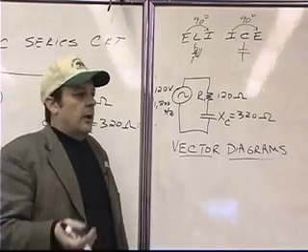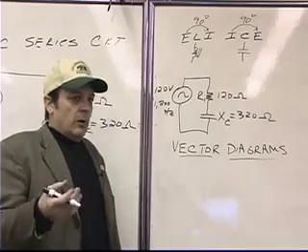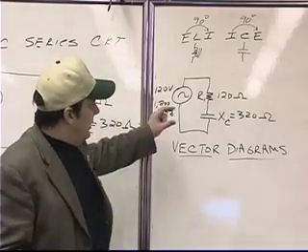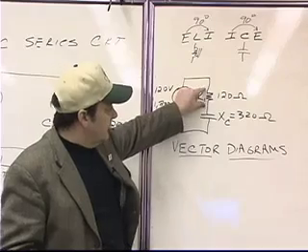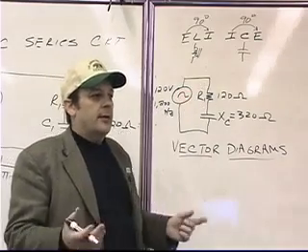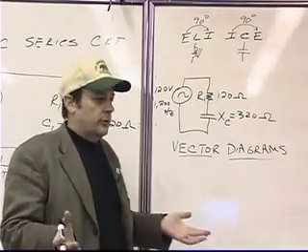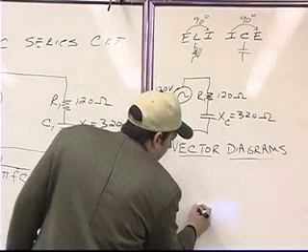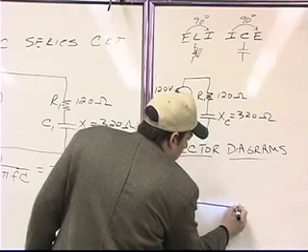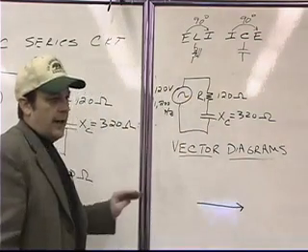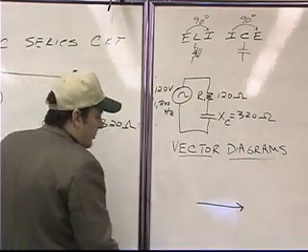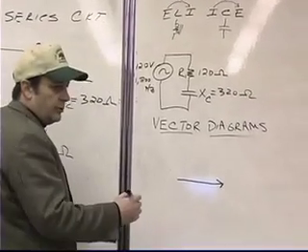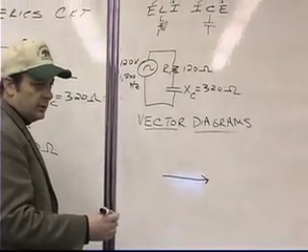Somebody asked us, how do we determine what the voltage drop is going to be across the capacitor and across the resistor, given the fact that we have a phase shift in the circuit? Well, we simply draw a right triangle. In the right triangle, the horizontal axis is going to represent the voltage drop across the resistor.